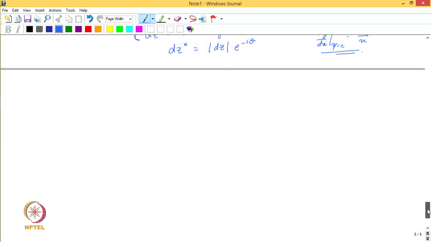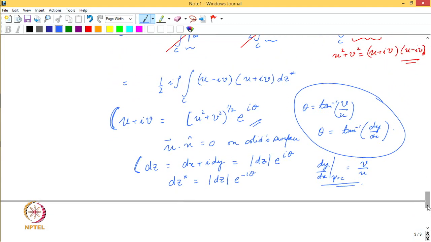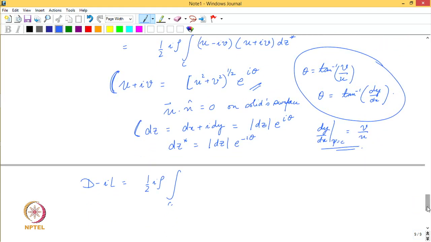So, we use this property now to simplify our integral. So, we write D minus iL, which was half iota rho over contour C, which we wrote as (u minus iv)(u plus iv), which I can write in this form: the square root of u square plus v square into e to the power iota theta. Dz star is modulus dz e to the power minus iota theta.